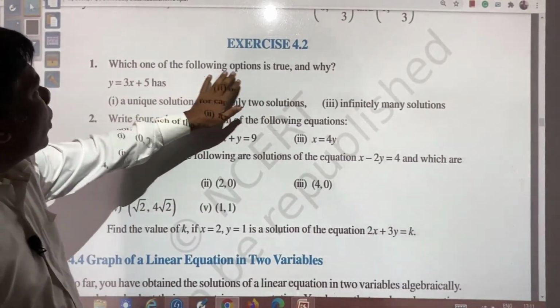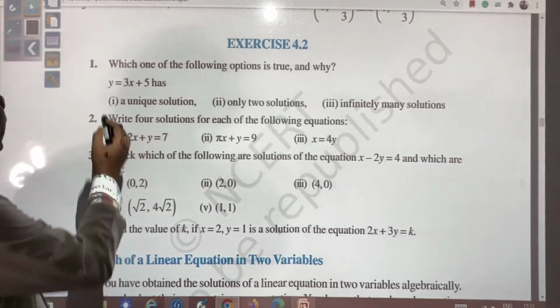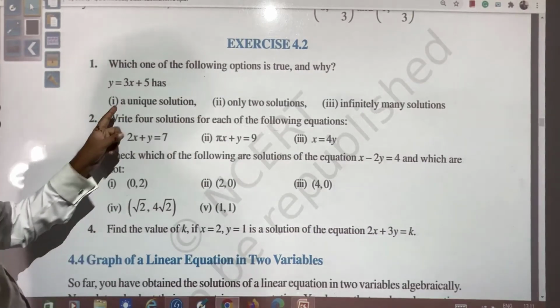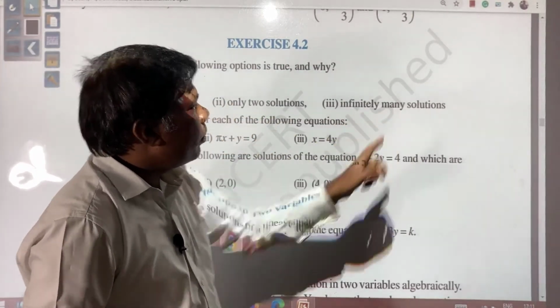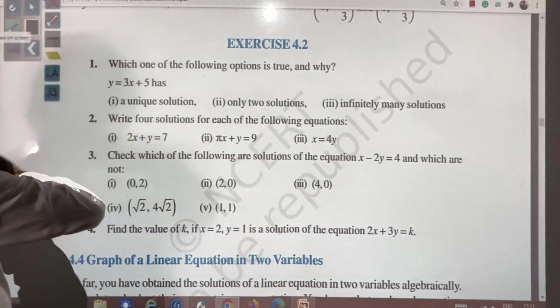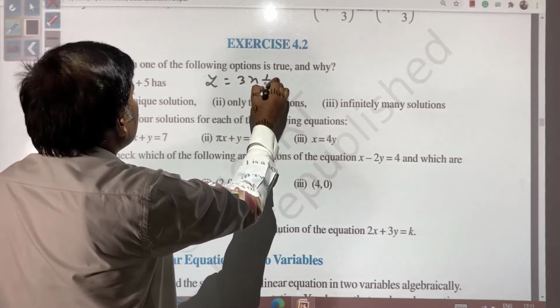Which one of the following options is true and why? Here you have y is equal to 3x plus 5 has a unique solution, only two solutions, infinitely many solutions. So here you have y is equal to 3x plus 5.